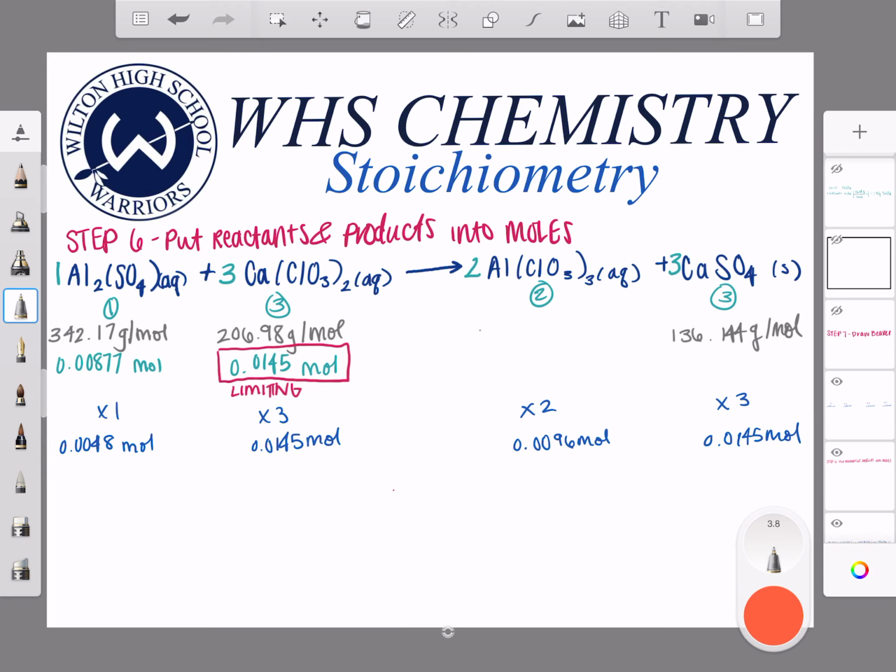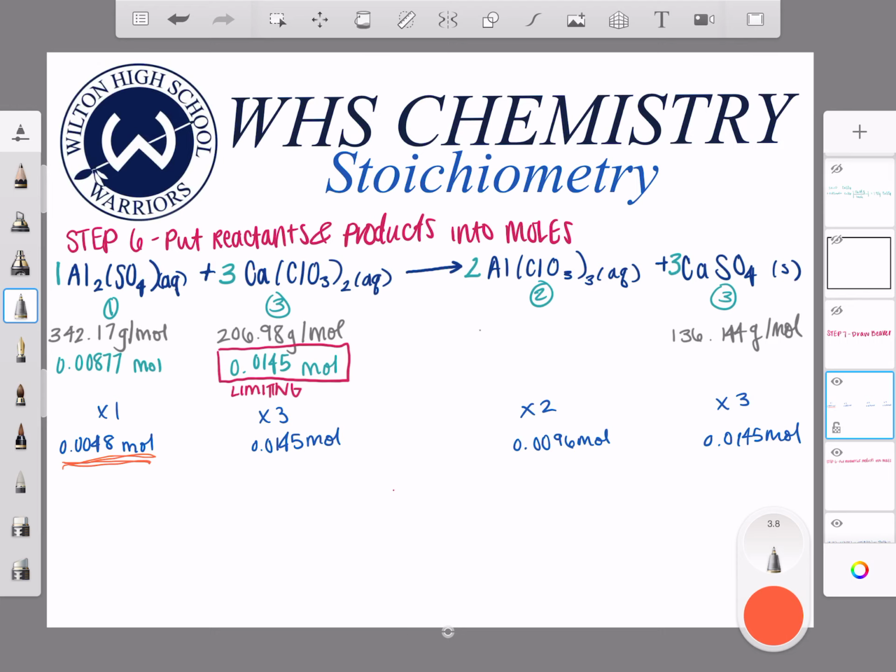So we have our mole ratio of 1 to 3 to 2 to 3, and based off of that, we can put everything into moles. We have 0.0048 moles, because if we take the limiting amount of moles and divide it by 3, we get it to the 1. Then we take this number, the limiting reactant's number, times 1.